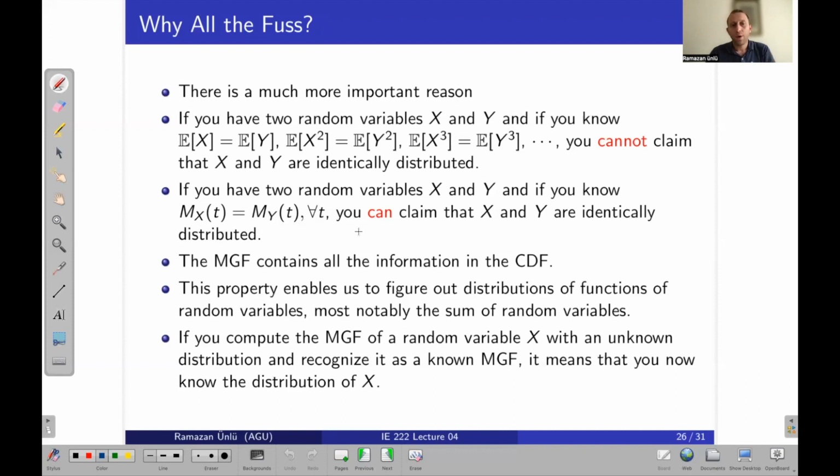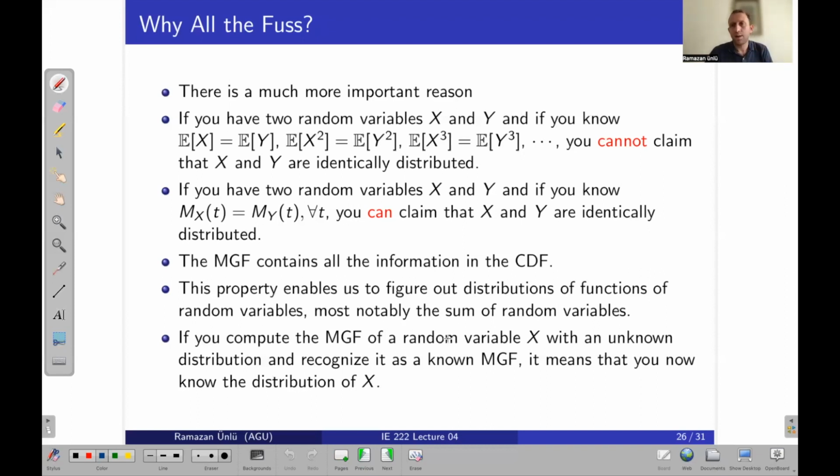But if you have two random variables, x and y, and if you know that the moment generating function of both random variables for each t is equal, then you can claim that x and y are identically distributed. That means they are coming from the same distribution. That means the MGF, the moment generating function, contains all the information that the CDF contains. Okay, this property enables us to figure out the distribution of functions of a random variable. Okay, most notably the sum of random variables, we will see it.